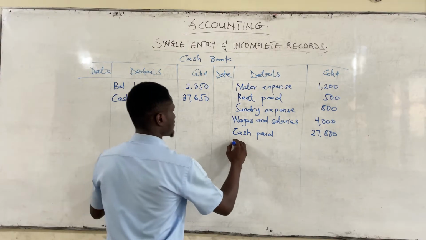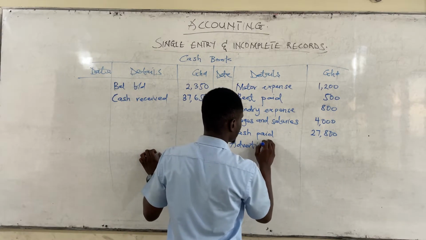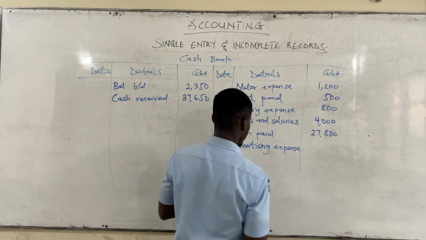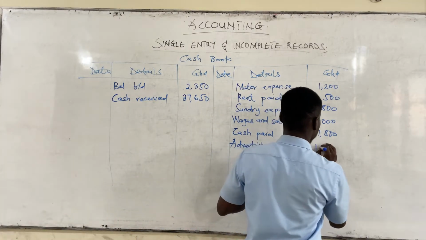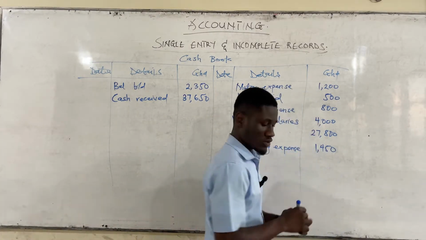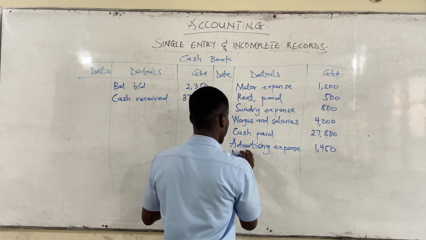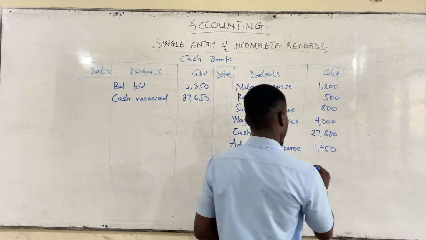Yes. Advertising expense. Advertising expense is an expense, so it's going to decrease our cash in hand. So advertising expense is 1,450. We have our rates to be 1,400.